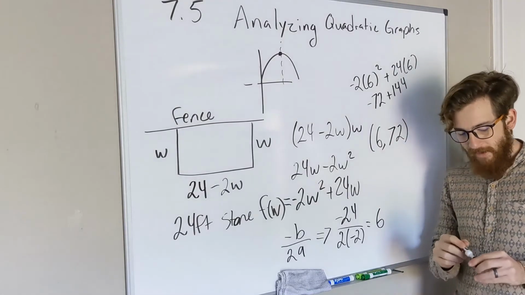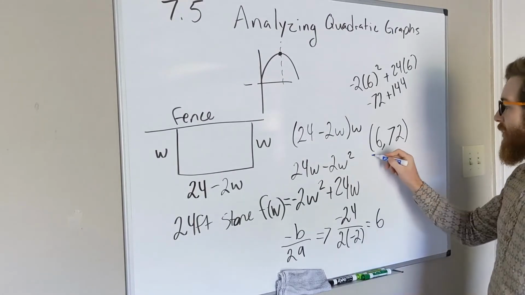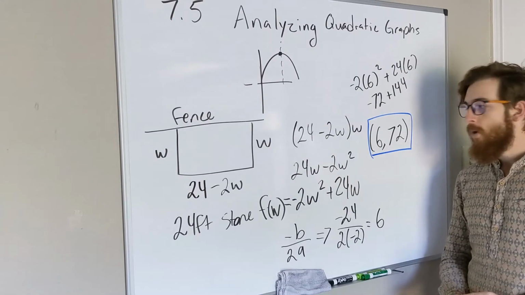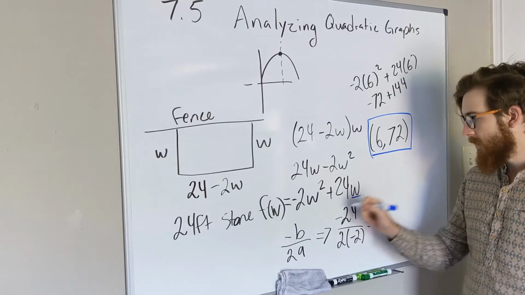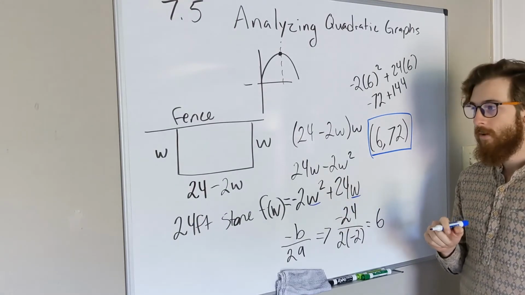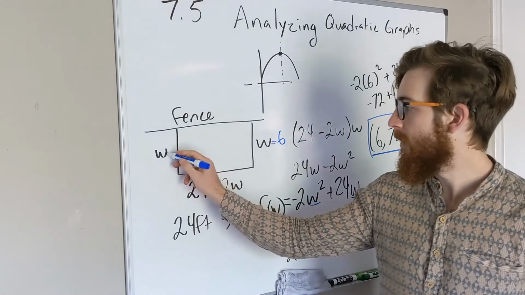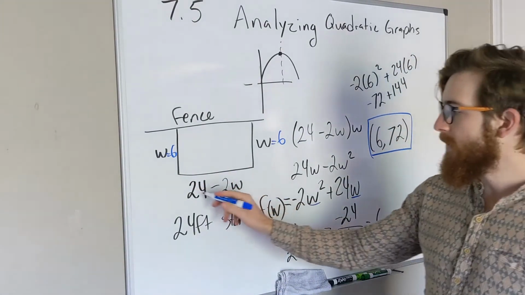But how do we take this value and translate that into something useful for this problem? What is 6? 6 is w. So that means the width should be 6. And if the width is 6, what is the length?